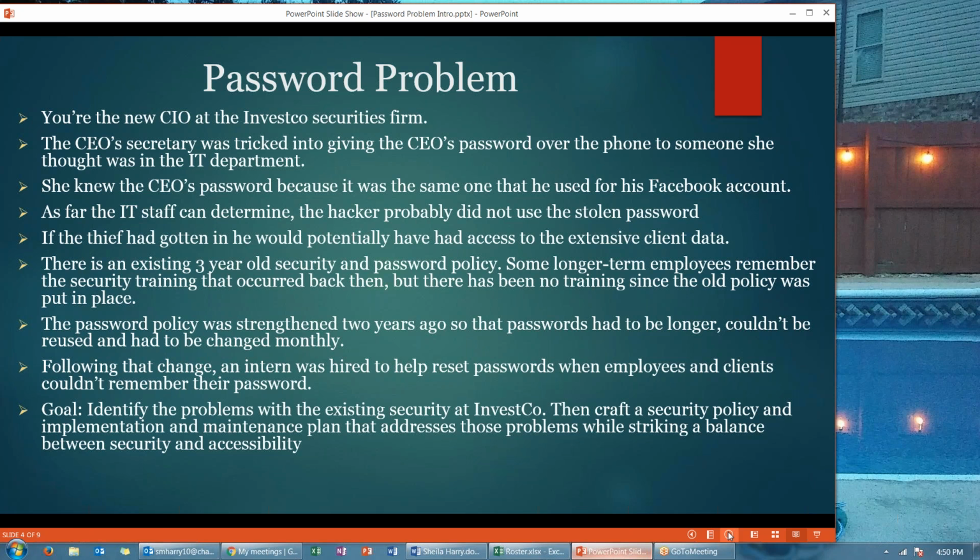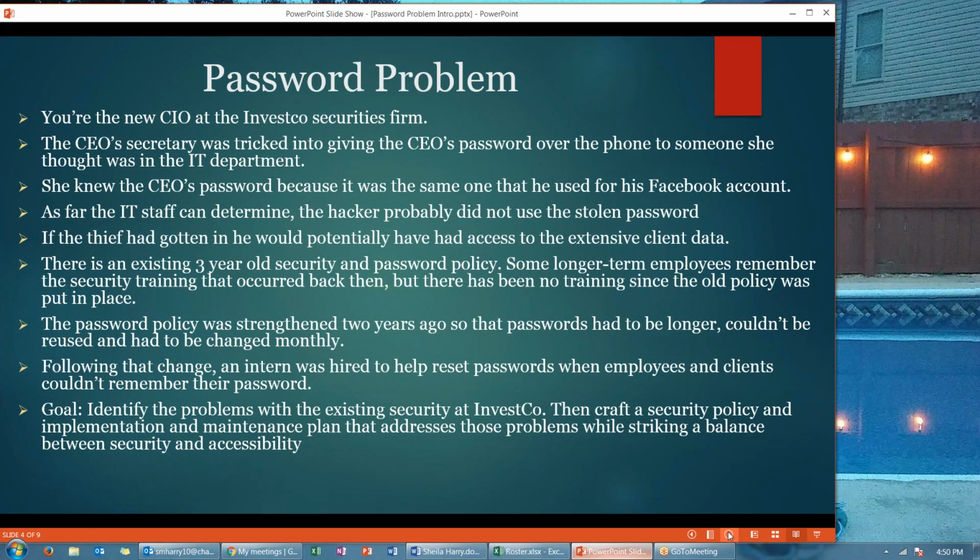Your goal for this case, using the information that you've learned from the assigned text reading, is to identify the problems with the existing security at Invesco. Secondly, you're going to craft a security policy and implementation and maintenance plan that addresses those problems while striking a balance between security and accessibility.